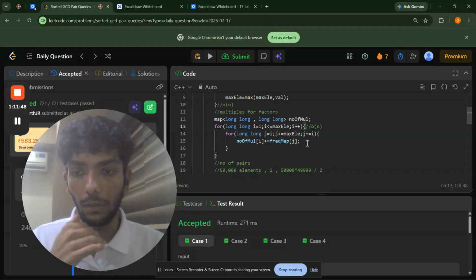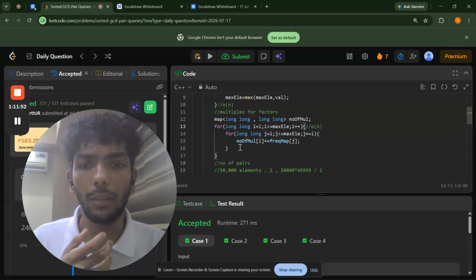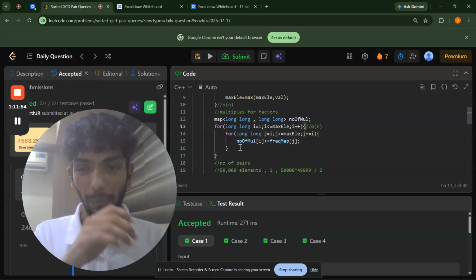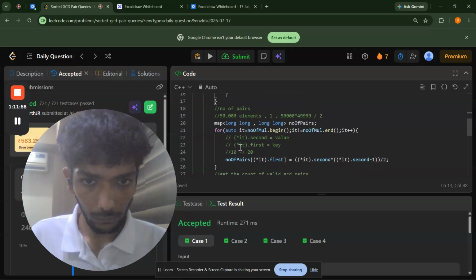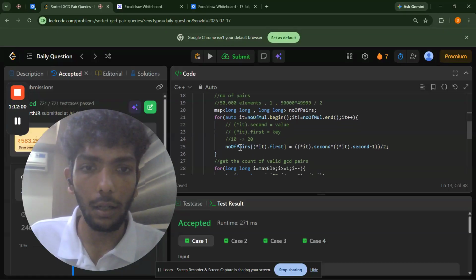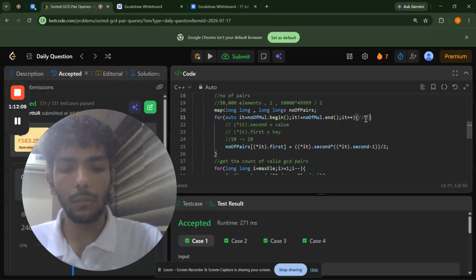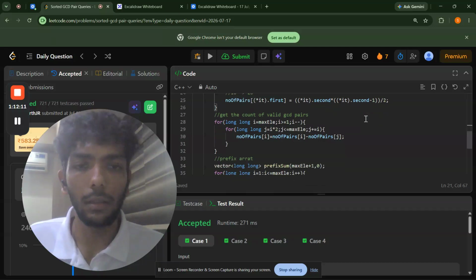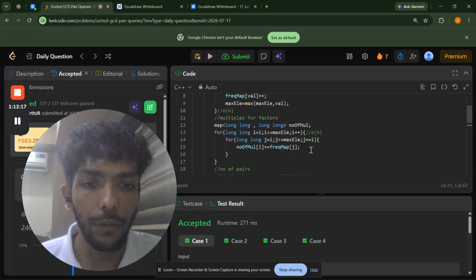Here, what is happening is we are incrementing it, so here it will be not O of n, but a little less than that, and here it is also O of n. This entire question is not being solved in O of n.